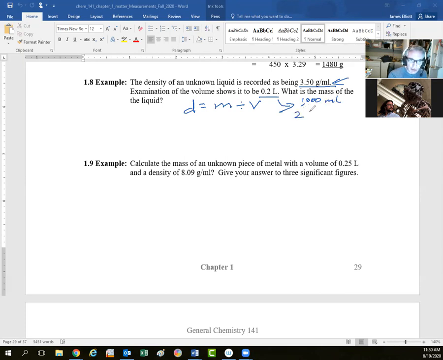So that gives us 200 milliliters. And we want to know the mass. Well, mass would be the density times the volume, which gives us 3.5 times 200. I'm pretty sure that would be 700. Yeah, 700 grams.